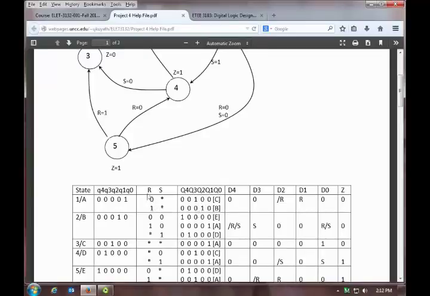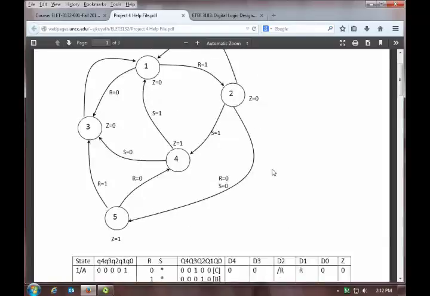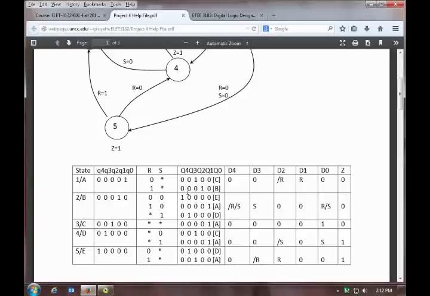That's the opposite of R, so I've got not R here. Okay. Here, this 0, 1 is the same as that. I'm getting that by saying here, R is 1, I go to state 2. Here, R is 1, I go to state 2.